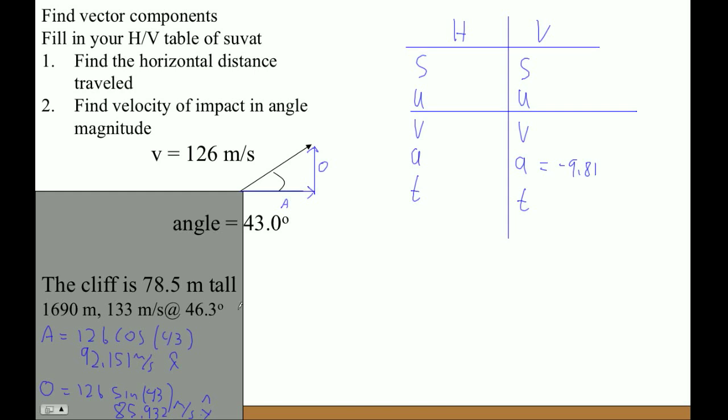So this is 92.151 meters per second is our x, and then this one is 85.932, and that's our vertical one. That's this side.